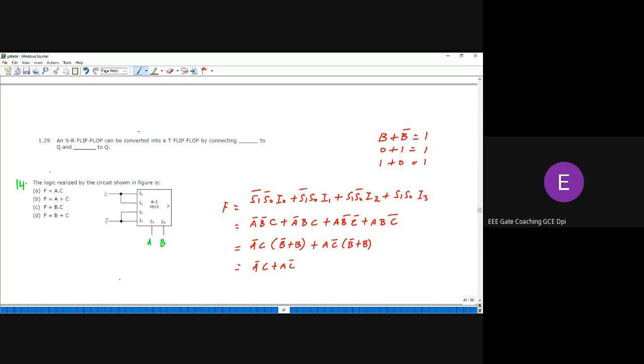So my output is equal to A bar C plus A C bar. This is nothing but A XOR C.